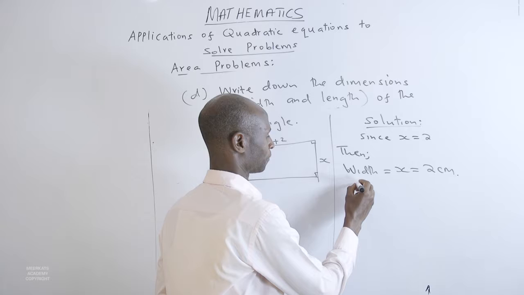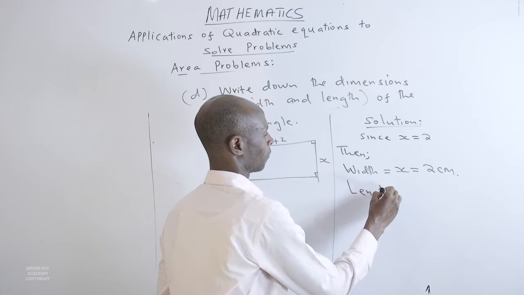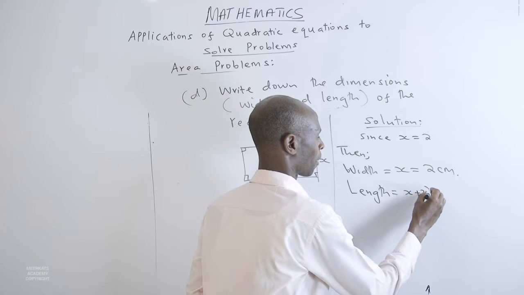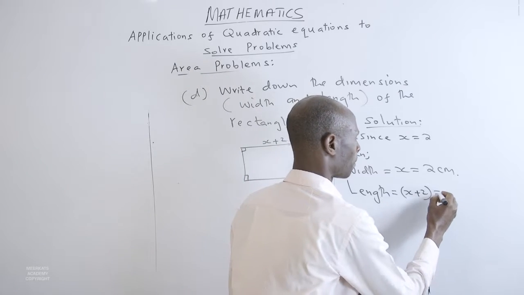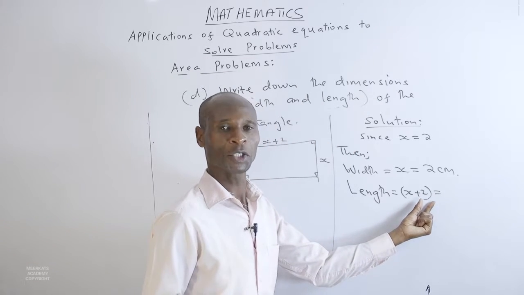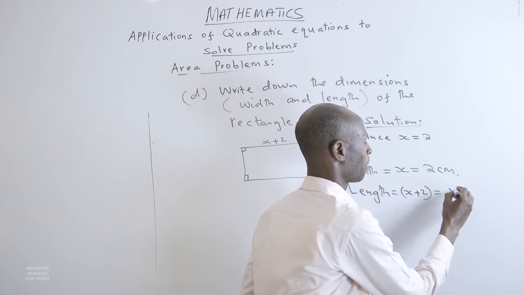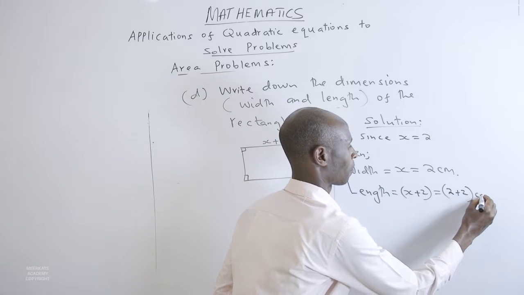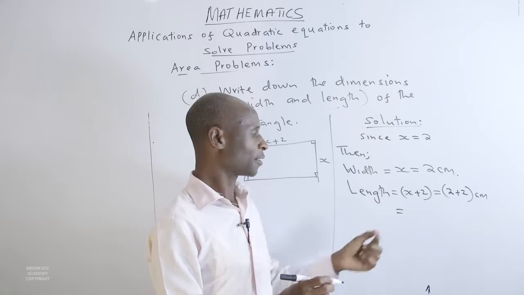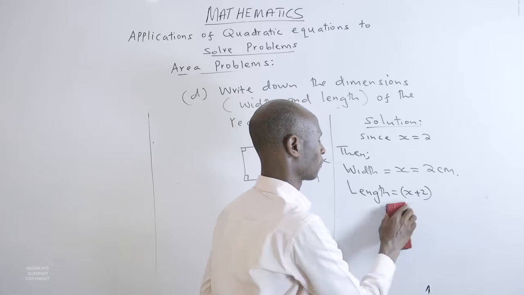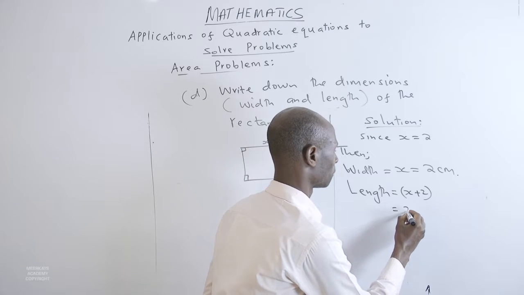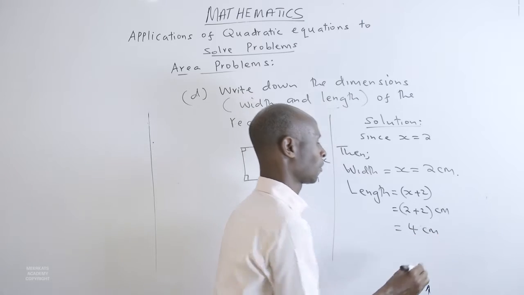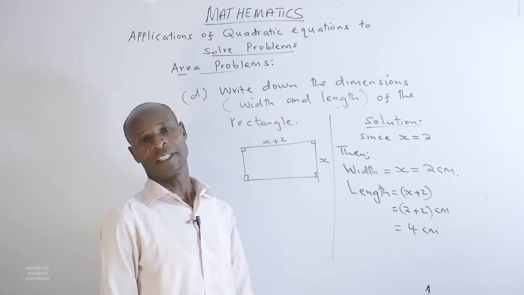While the length, which is represented by x plus 2, will be equal to, when we carry out correct substitution, we shall have 2 plus 2. And that gives us 4 centimeters.